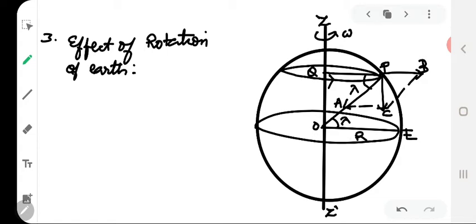We are considering the latitude of a place marked P. You can see the line joining P with O makes an angle lambda with the equatorial plane. So latitude is given by lambda. At the poles the value of latitude lambda is 90 degrees and at the equator it is 0 degrees.